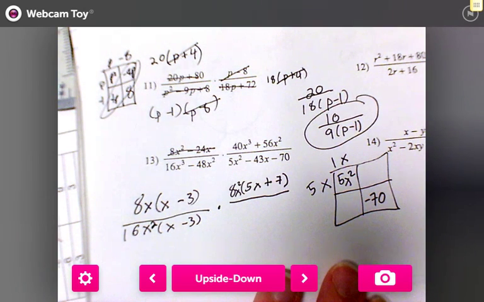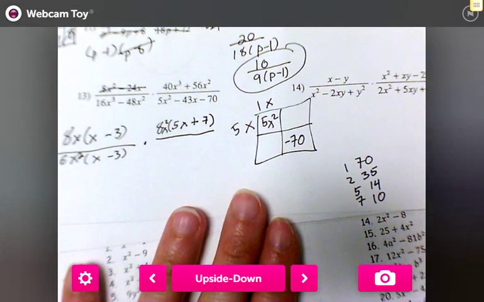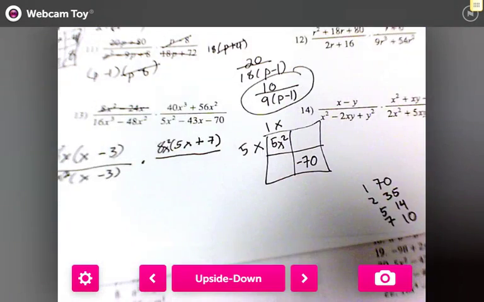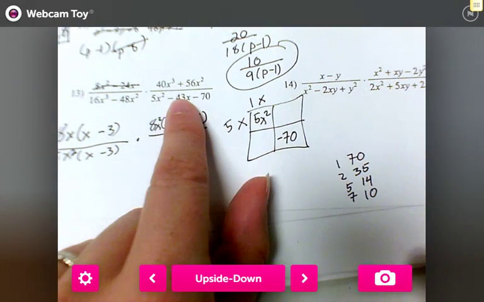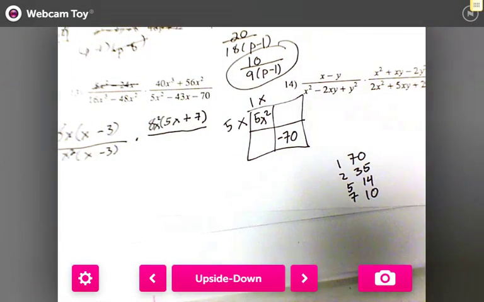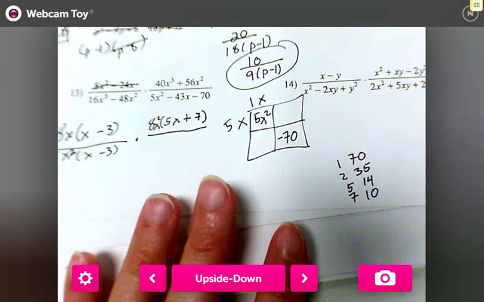Now, I know that one of these has got to be multiplied by 5, so that when I add them together, I end up with 43. I don't think it's going to be 1 and 70, so I can cancel that one out.